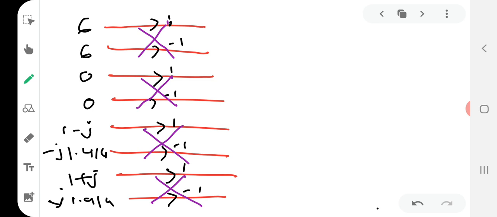and here the value will be 6 plus 6 is 12, and here 6 minus 6 is 0.